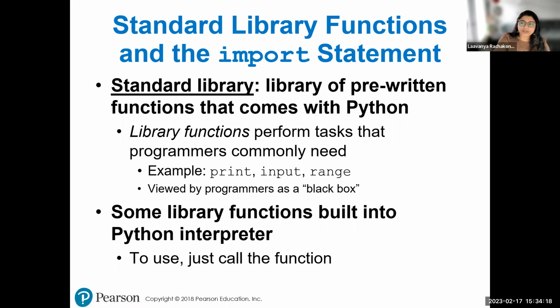Whenever you use the print statement, you are calling the print function with an argument inside it, like print hello world. Hello world is your argument for the print function. You are not defining the print function anywhere in your program, but you are using the standard library, which is the pre-written code for the print function.